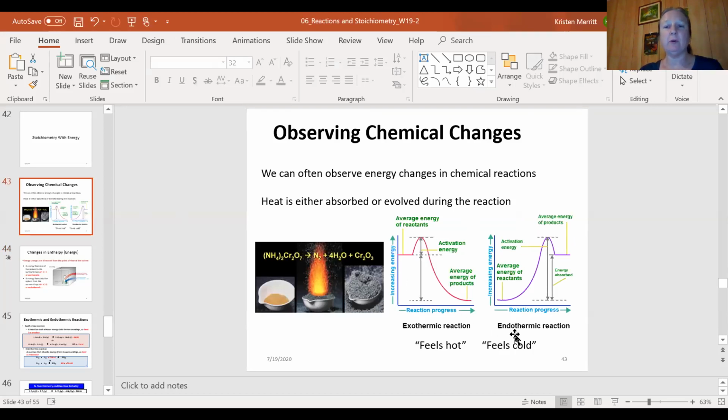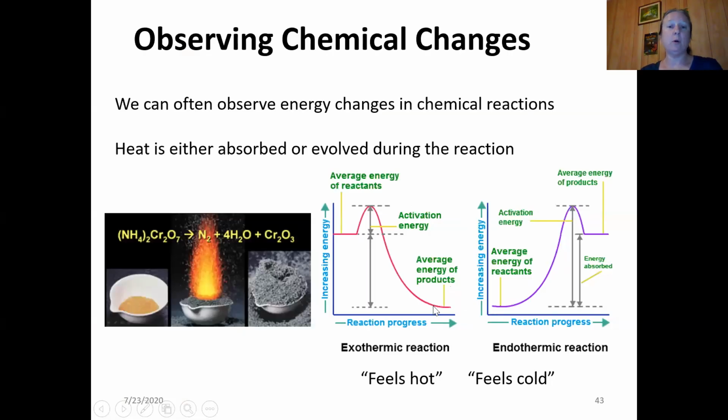If it's exothermic, your product energy is lower than your starting. So this extra energy had to go somewhere, right? Your difference. So it goes out into the surroundings. And this, by the way, is activation energy. That's the breaking of bonds. Every reaction has that. So what matters is the difference between your product and your reactant.